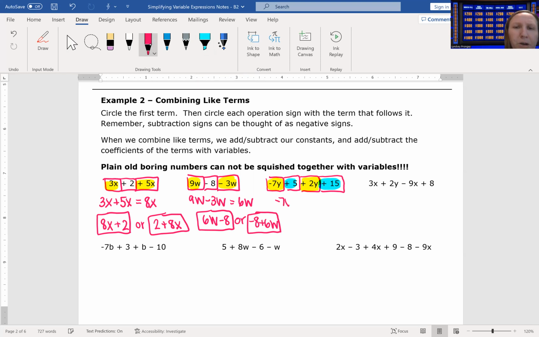So negative 7y plus 2y, you have to be careful of our integer rules. Negative 7 plus 2 would be negative 5, so it is negative 5y. And then a positive 5 and a positive 15 is a positive 20. So now combining my 2 pieces together, we get negative 5y plus 20.